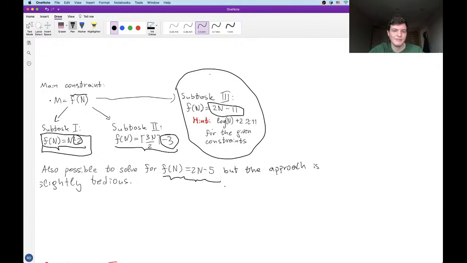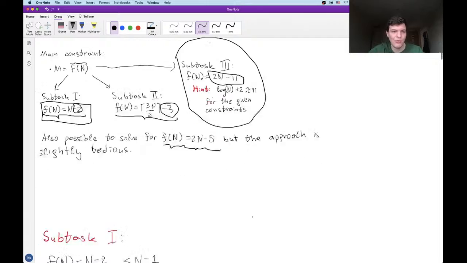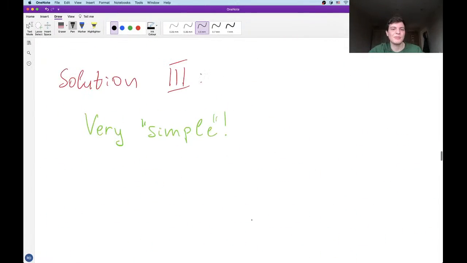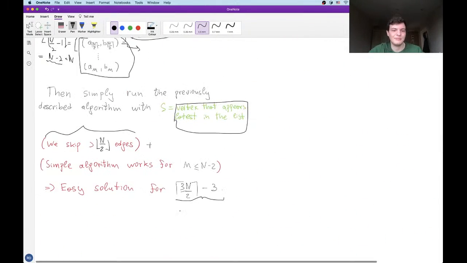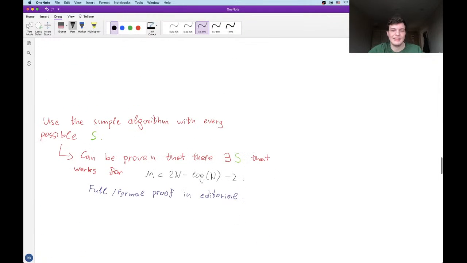Basically, as far as I know, it's a proof of why, if you use every possible s and check whether each of them satisfies your decision, this will be fine.